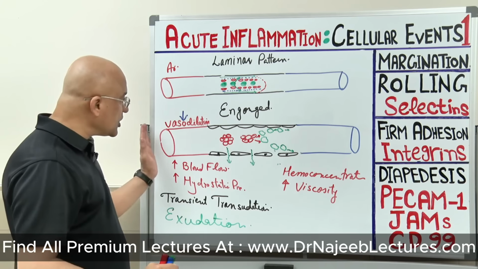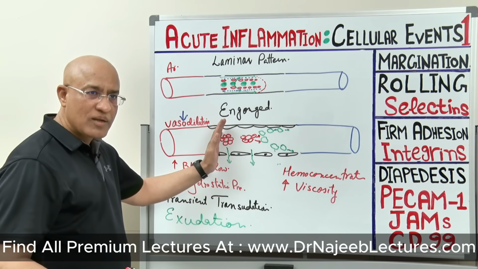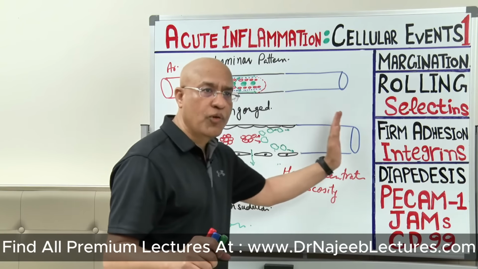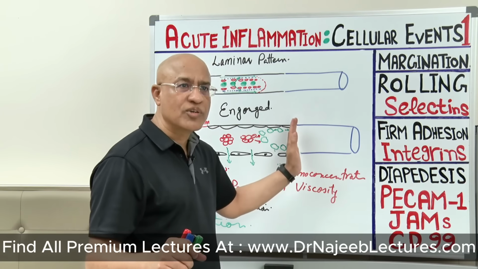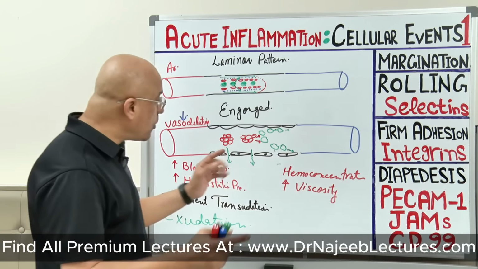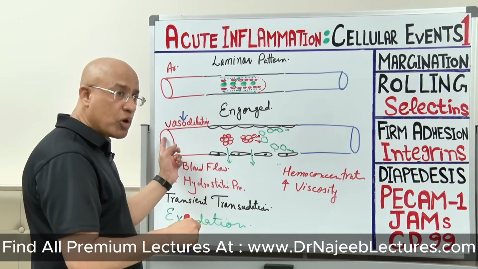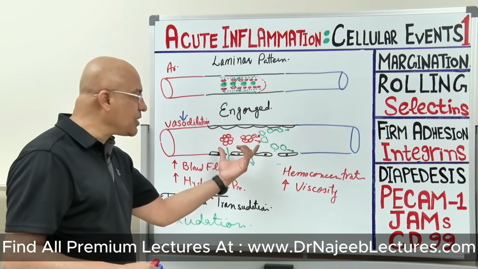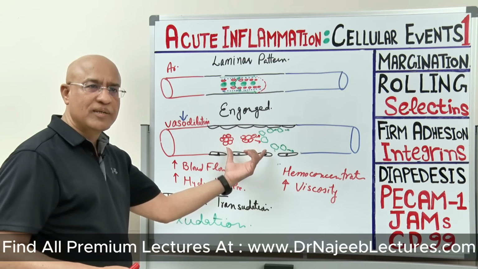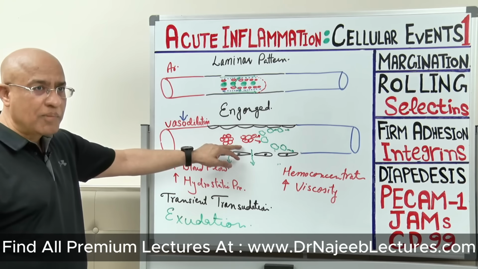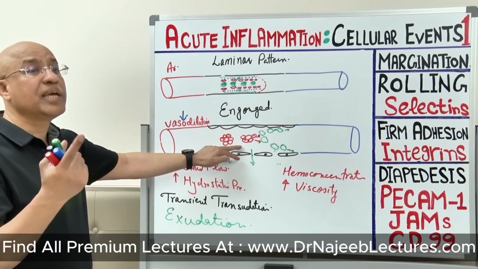Number one, increased inflow due to arteriolodilatation, and decreased outflow of blood due to hemoconcentration, stasis and high viscosity. So more blood coming here, less blood leaving the inflamed tissue, both of them are leading to engorgement, right?